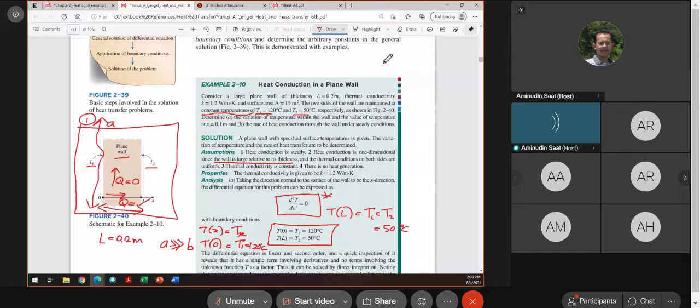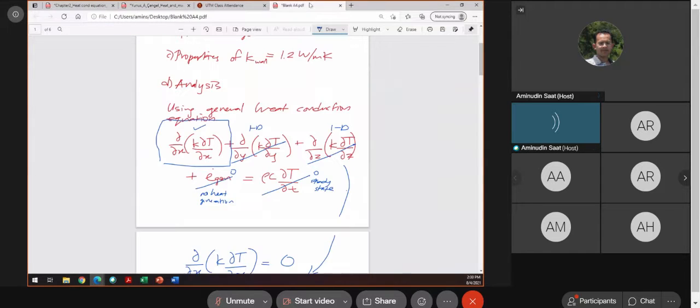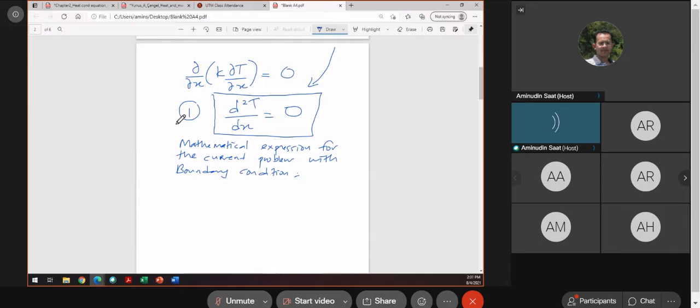So this is the first step. The second, you need to state the boundary condition: T at 0 equals T1 equals 120 degrees Celsius, and T at L equals T2 equals 50 degrees Celsius.